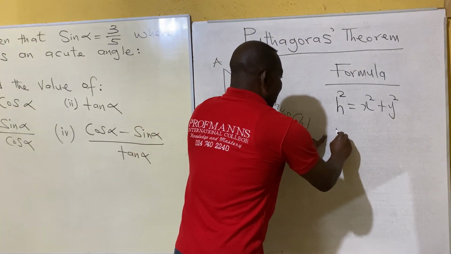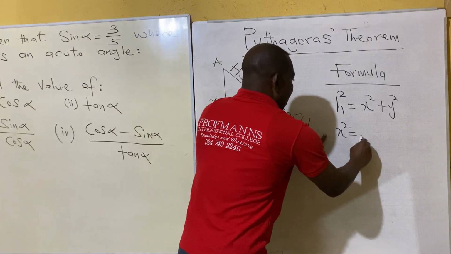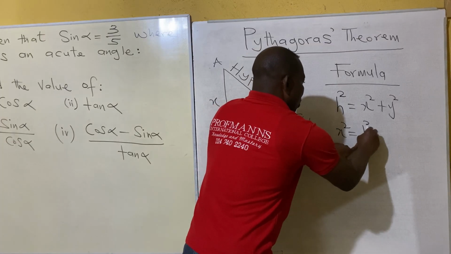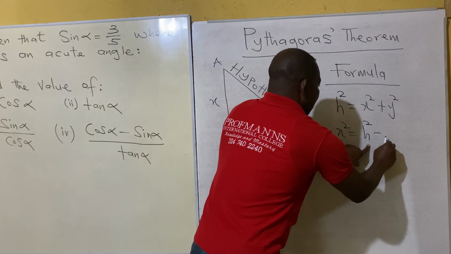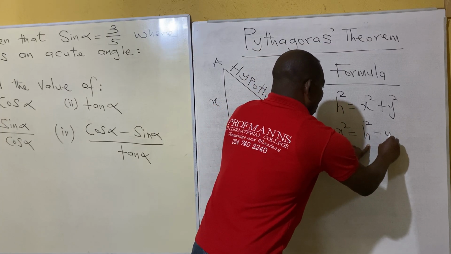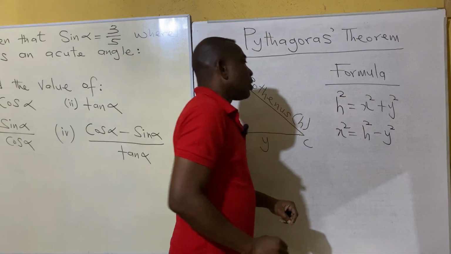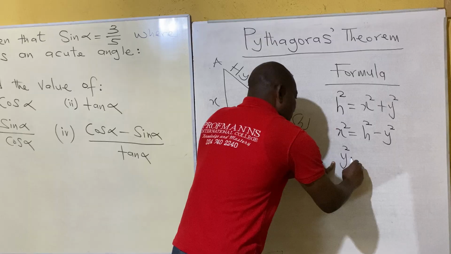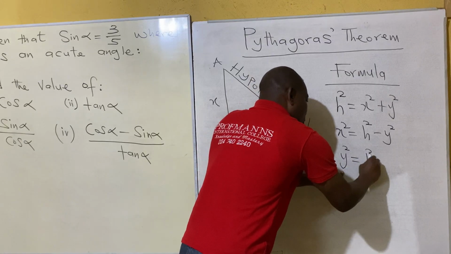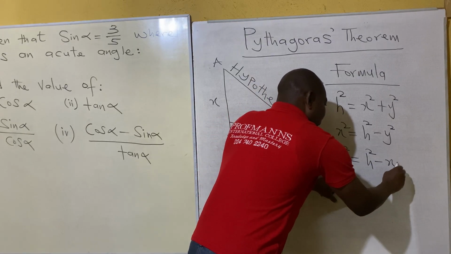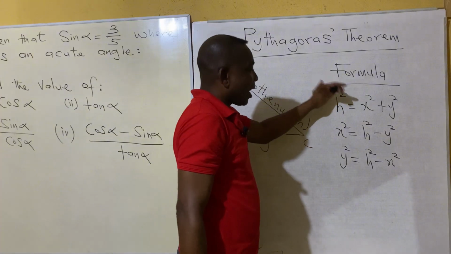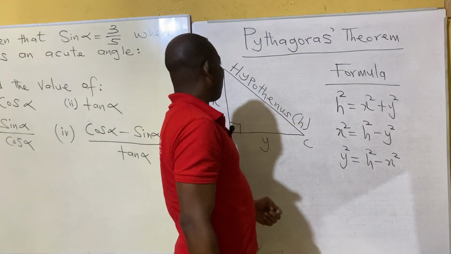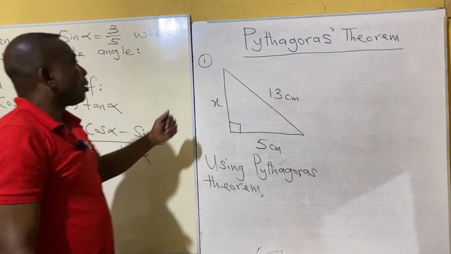It becomes x squared is equal to h squared minus y squared. You can make y squared the subject. It becomes y squared is equal to h squared minus x squared. So these are the formulae of the Pythagoras theorem.